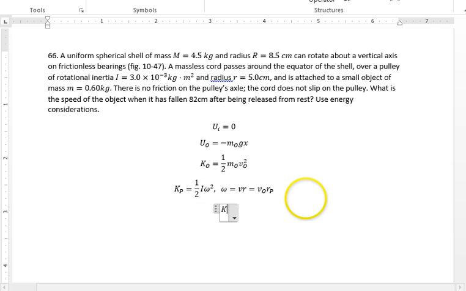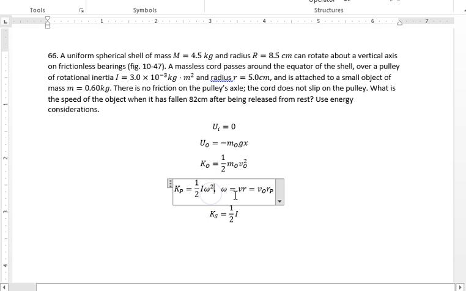Plus the kinetic energy of the sphere, which is 1/2 I of the sphere omega of the sphere squared. Let me put that in here because they're different. Omega of the pulley is the tangential velocity of the pulley over the radius. The tangential velocity of the pulley, because the cord is going over the pulley without slipping, is the same as the velocity of the object that is falling.